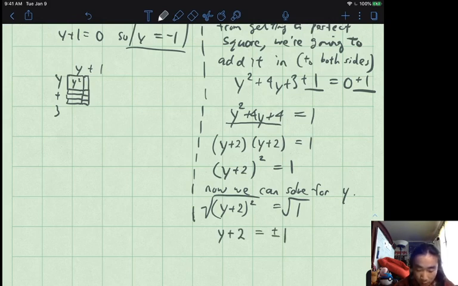We undo squaring, so we're left with just the inside stuff, y plus 2. And on this part, we have negative 1 and we also have positive 1. There's two potential answers here. Because you're squaring and then taking the square root, this could be positive or it could be negative. And that's what we're trying to represent over here.